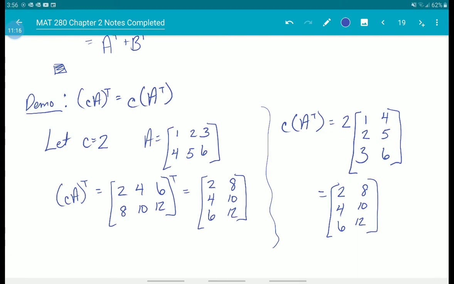So you can see how that's working. This is a demonstration. This is not a proof. This only shows it works for this specific instance where C has to be 2 and A has to be that matrix 1, 2, 3, 4, 5, 6. So a proof is different than a demonstration. A proof shows that it works for any numbers, for any scenario.